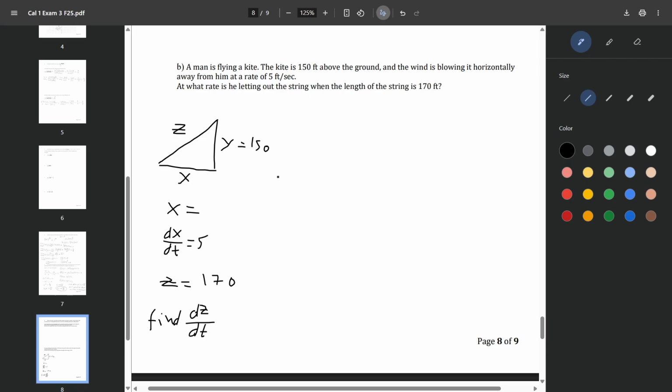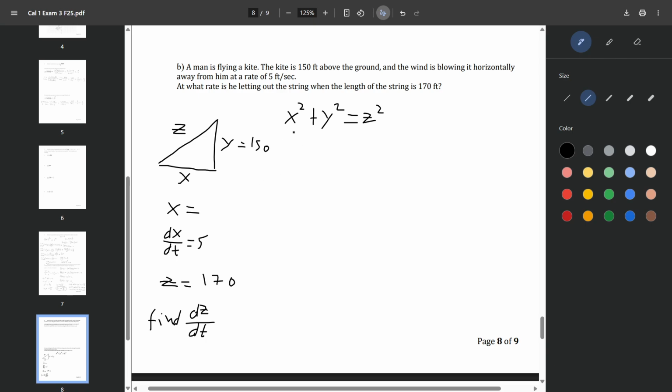So our equation for the triangle, in order to find the hypotenuse, is going to be the Pythagorean theorem, which is x squared plus y squared equals z squared. And so, in order to find dz over dt, we need to take the derivative.